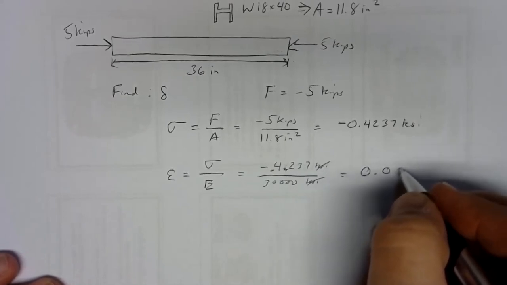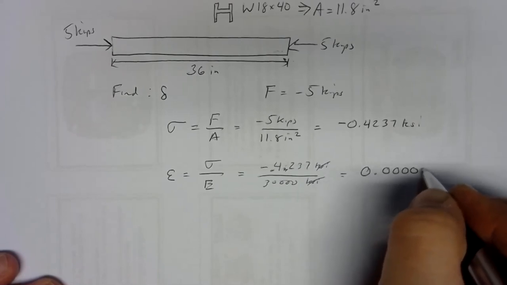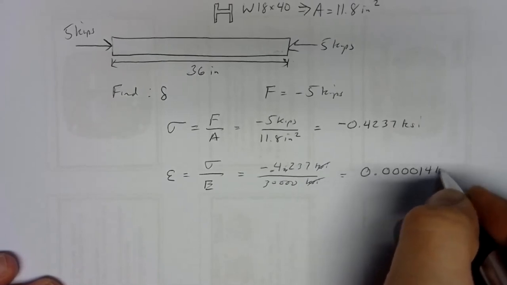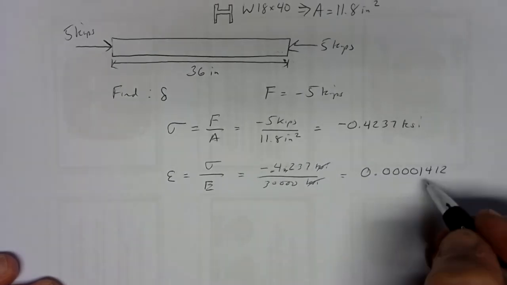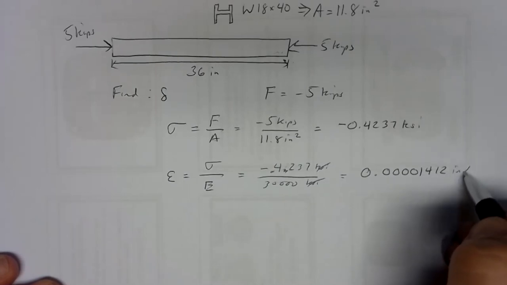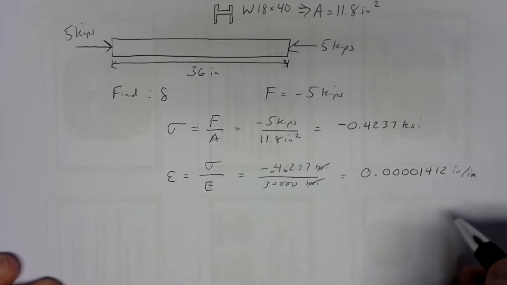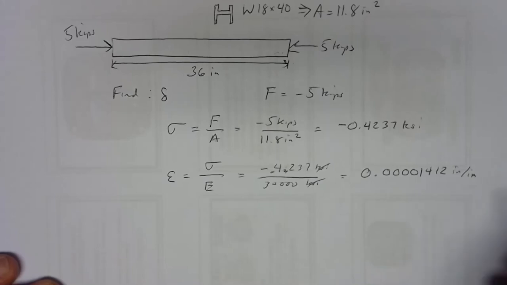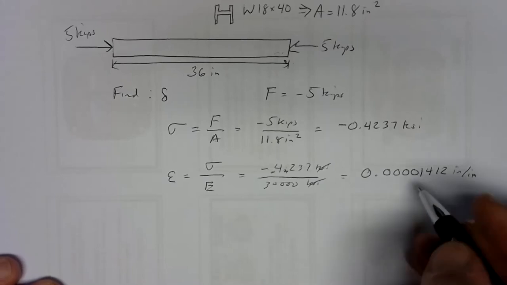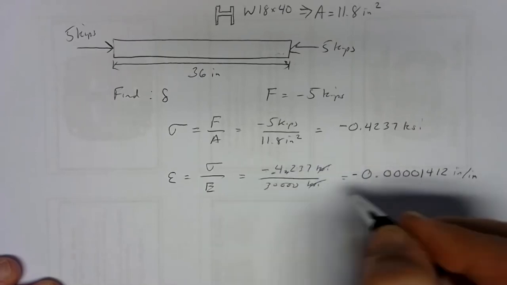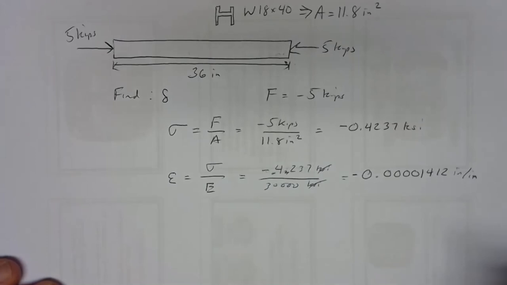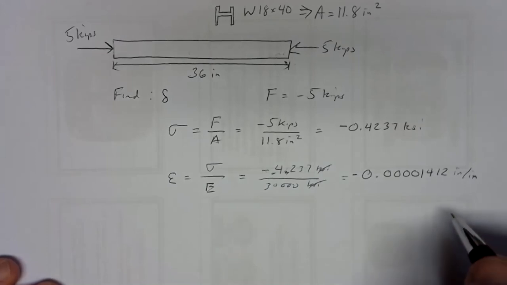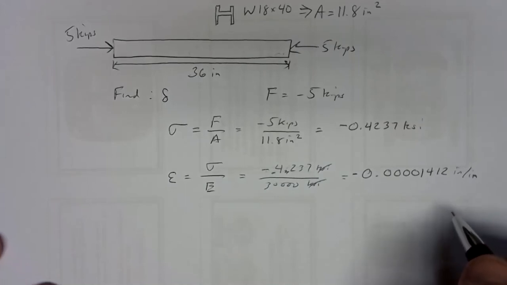Bunch of zeros, 1412, so keeping 4 sig figs here. And that's inches per inch, or dimensionless. So each inch is only going to shrink, don't forget the sign here, negative. So each inch is going to shrink by about 14 millionths of an inch. So unless we have an awful lot of inches to work with, this is not going to be a very measurable contraction.